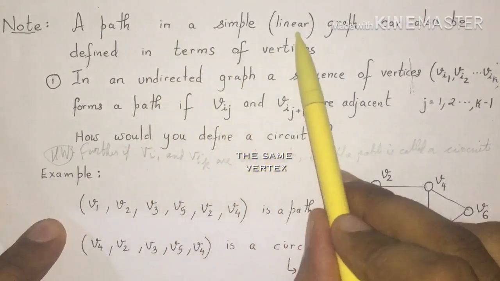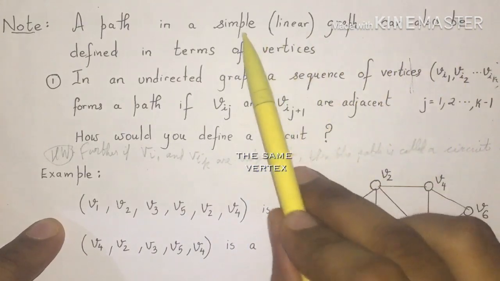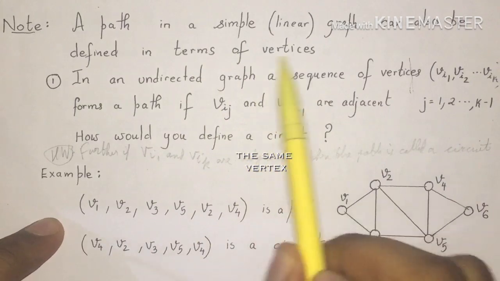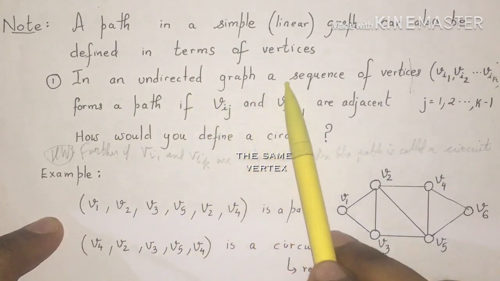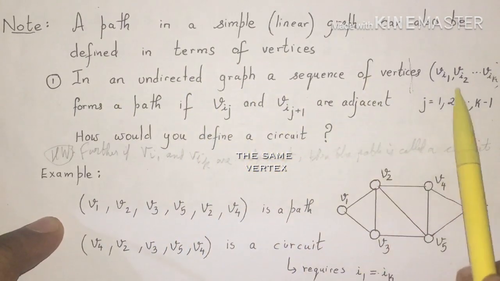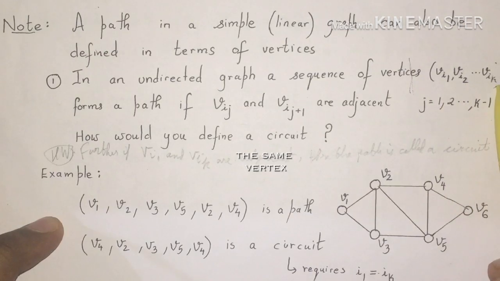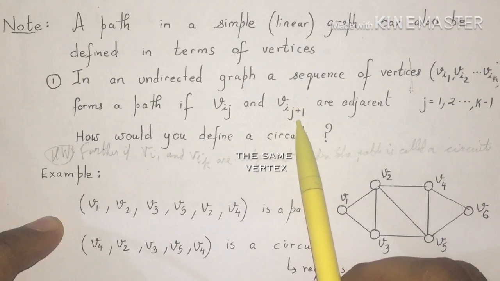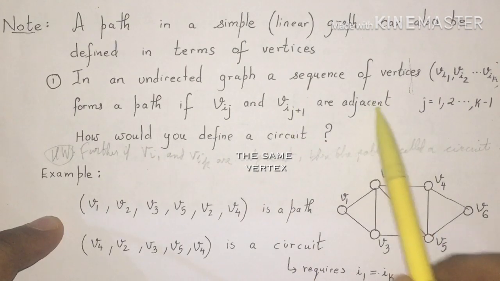Note, a path in a simple graph, a simple graph is also called a linear graph, can also be defined in terms of vertices. In an undirected graph, a sequence of vertices vi1, vi2 up till vik forms a path if vij and vij+1 are adjacent.